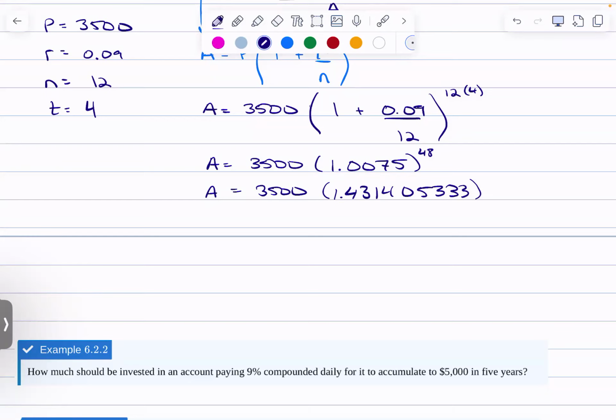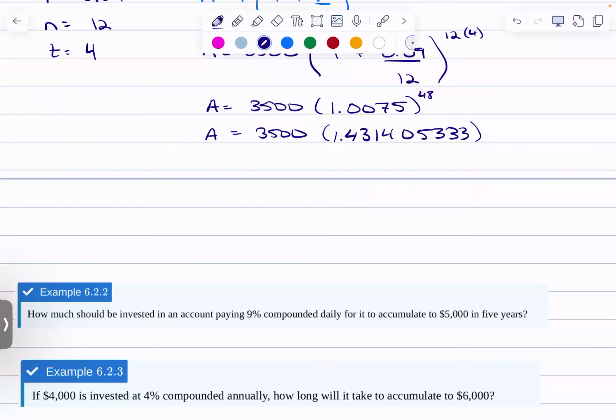I'm mostly writing out these steps so that you can check your work on your calculator as you go, just to make sure that you're doing it right. But you don't have to show these middle steps if you don't want to. Times 3,500 gives 5,009.918667.